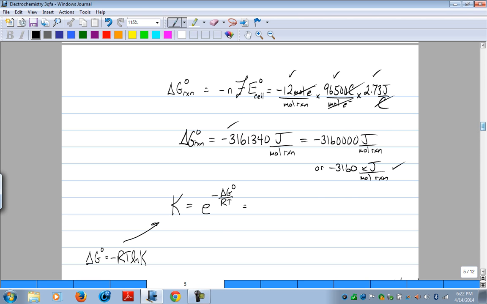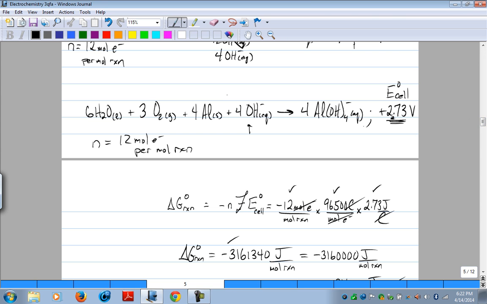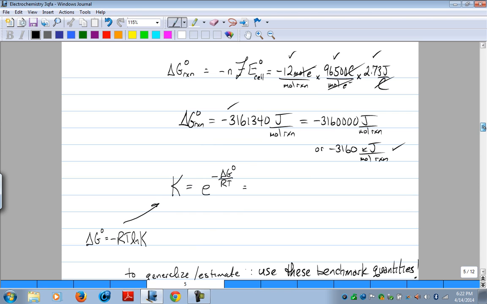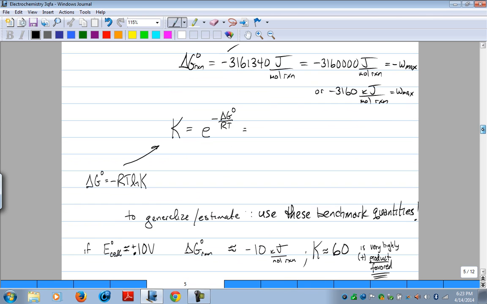But the point is, you could see for a pretty small looking cell potential difference, 2.73 volts, in terms of useful work that could be produced by such a reaction. Delta G standard for standard conditions is the negative of the maximum amount of useful work that could be extracted from that reaction, and so that's quite a bit for that battery per mole of reaction.